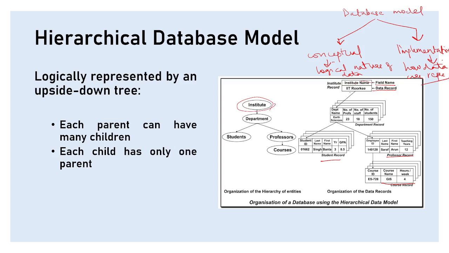Then it has several children, let's say department is the child. Within department there are other children, and those children have their own children, that kind of thing. Each parent can have many children, but each child has only one parent. That is the logic for the hierarchical database model.